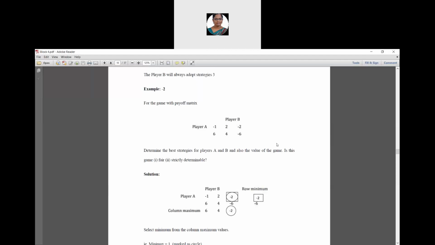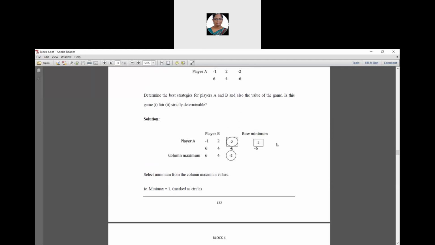By using this matrix we have to determine the best strategies for player A and B, and also the value of the game. Is this game a fair game or a strictly determinable game? Okay, so let's see the solution of this game.